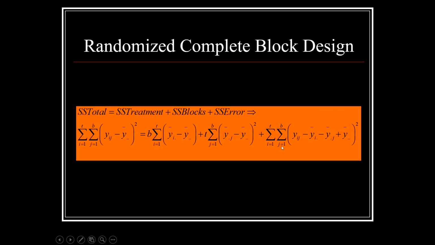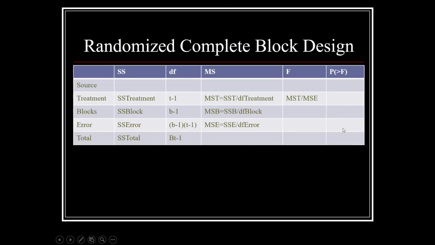And then we have for our sums of squares error, Yij minus y bar i dot minus y bar dot j plus y bar dot dot squared. And these can be then put into an ANOVA table. Notice our source now is treatment, blocks, error, and total. Our sums of squares are sum of squares treatment, sum of squares block, sum of squares error, sum of squares total.